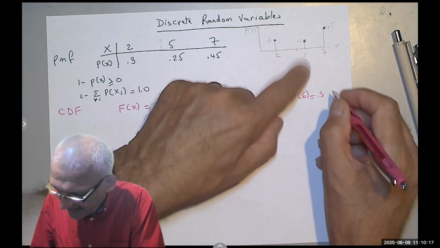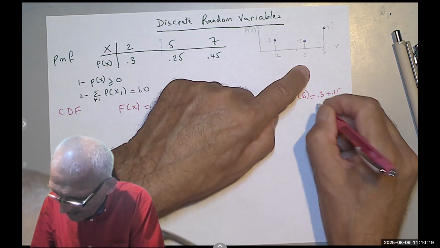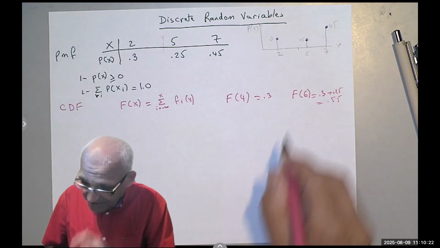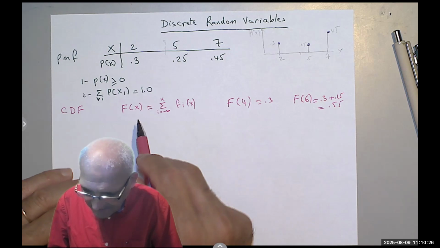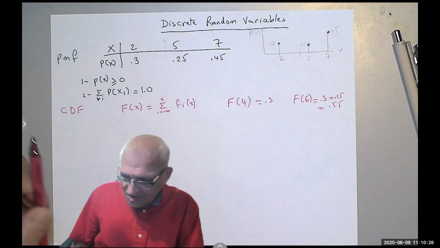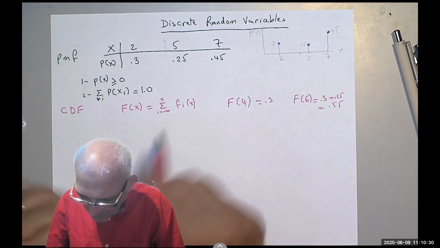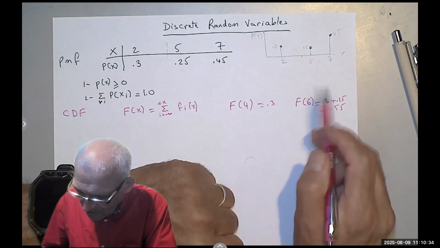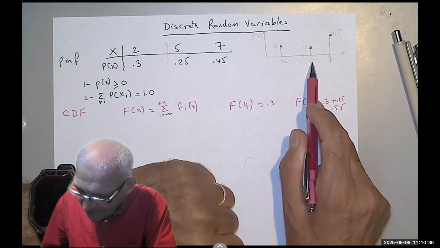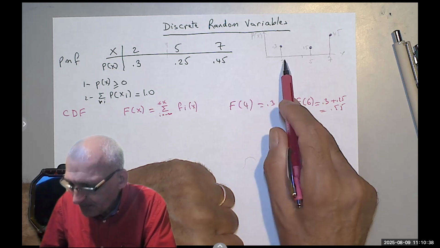5 is less than that, so plus 0.25 equals 0.55, which is incidentally the same as f of 5, because we said f of x is the summation for all values less than or equal to x. So if I want f of 5, I get f of 2 plus f of 5.